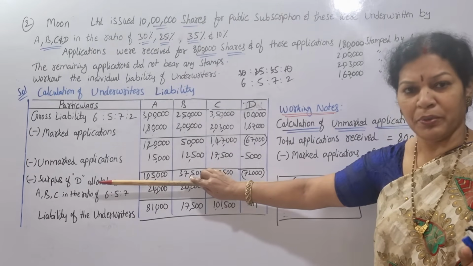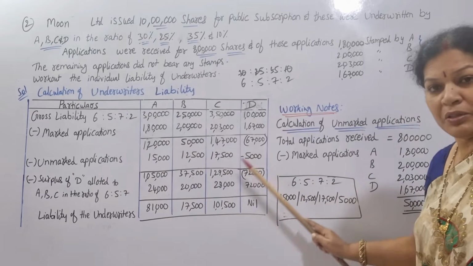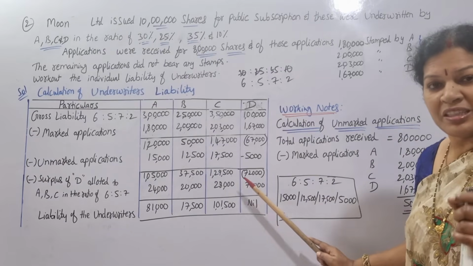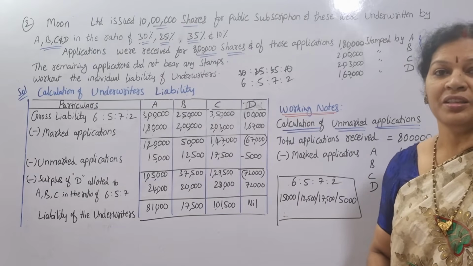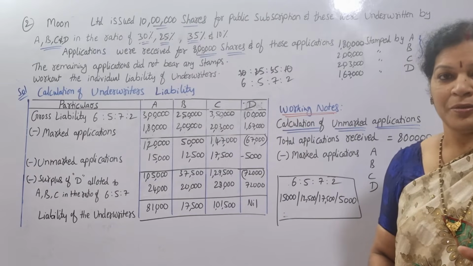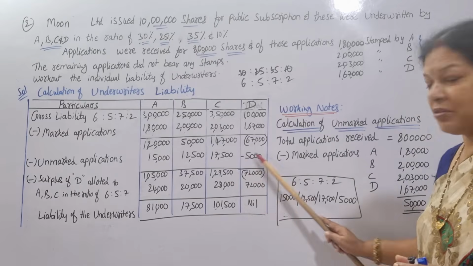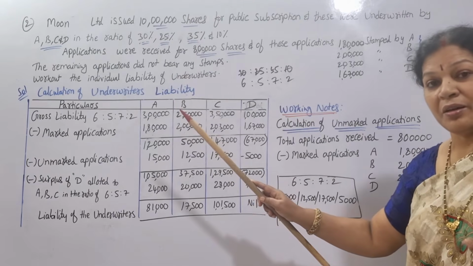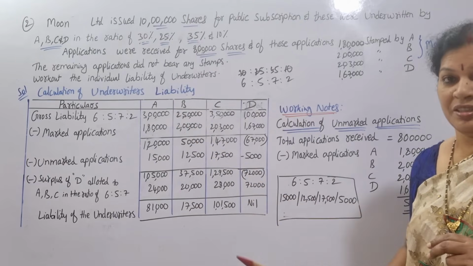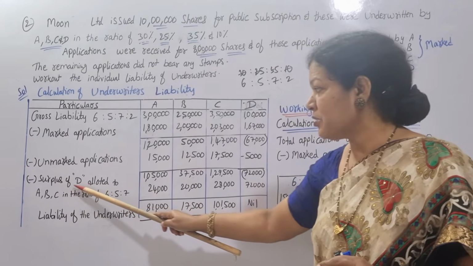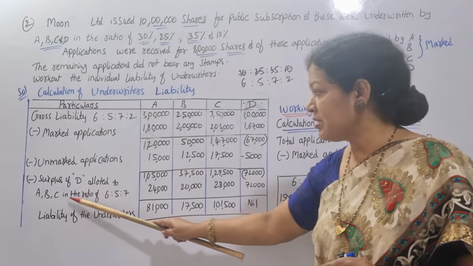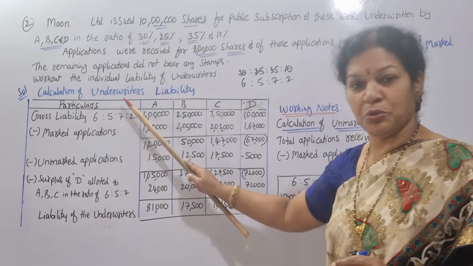Now this point you be careful. 72,000 is surplus. This 72,000 we are going to distribute to the rest of the underwriters, A, B, C. So I have written here: minus surplus of D allotted to A, B, C in the same ratio.